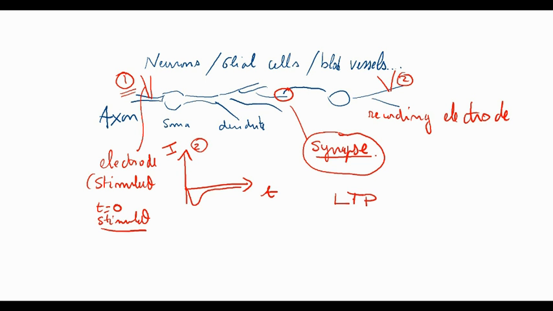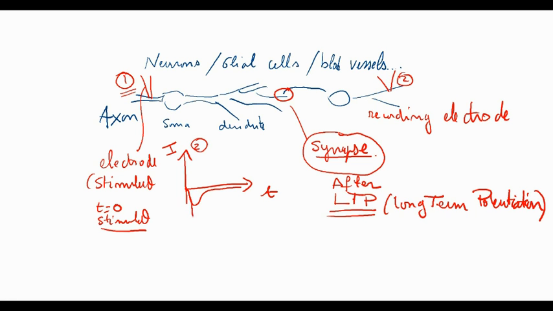That is, after LTP, when you repeat the protocol, which is a protocol that I'm not discussing, instead of having the currents that you have seen, you now have a current with a different amplitude, and this is stable. So this is after LTP.